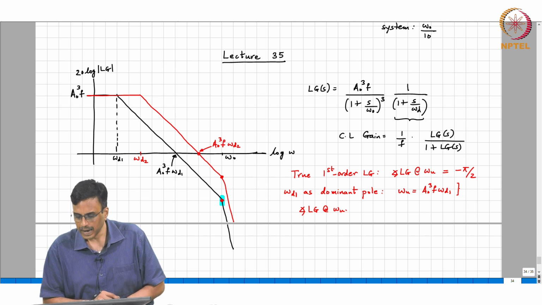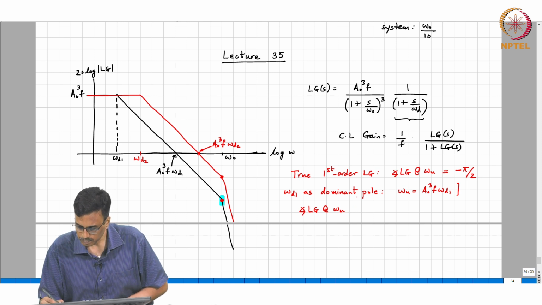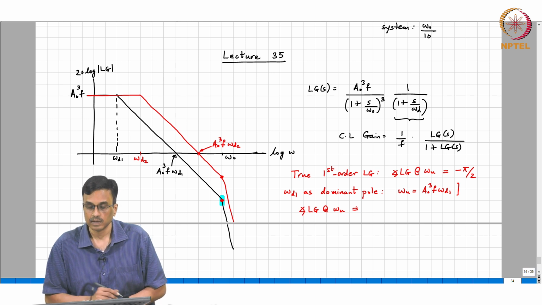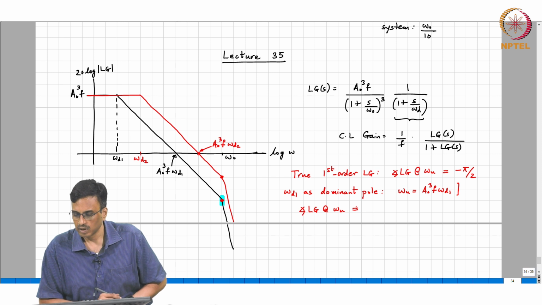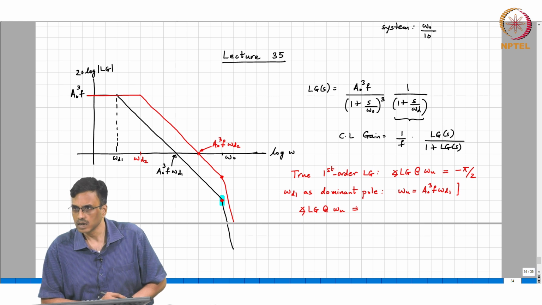So the angle of the loop gain at omega u is therefore, what is it? Well, there will be 4 contributions, one due to omega d, and 3 due to each of the poles, all of which are sitting at omega naught.